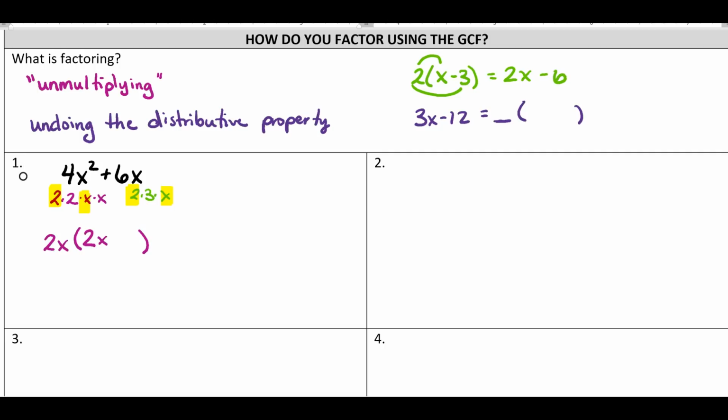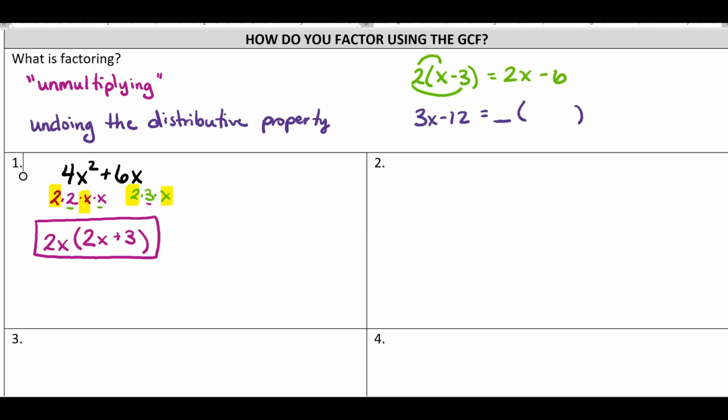And notice those showed up right here as our leftover numbers, 2x times 2x. For 6x, to multiply to get 6x, we'd have to do 2x times 3. And again, notice that popped up when what wasn't in common. So this right here would be our final answer, 2x times 2x plus 3.